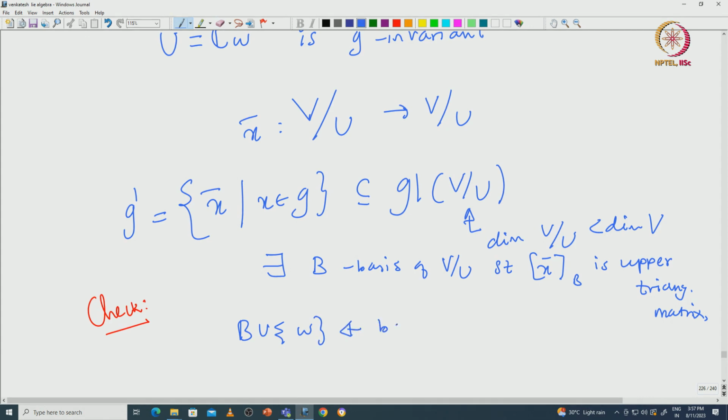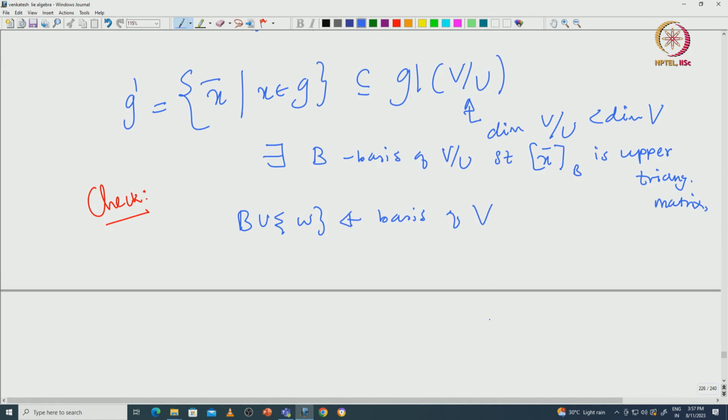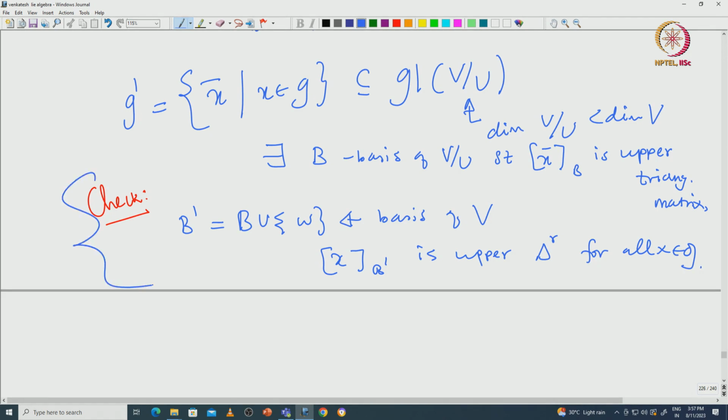So, that will be a basis of V, and if you call this B dash, then x on B dash is upper triangular for all x in G. So, this is something I will leave it to you to check. Okay. So, that proves Lie's theorem. Okay.